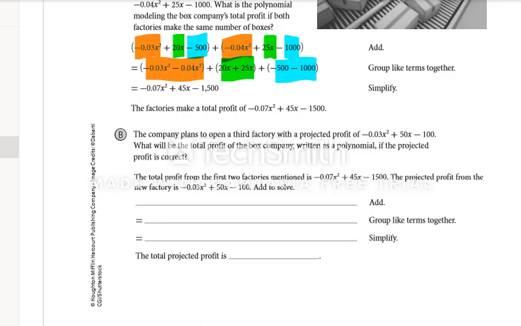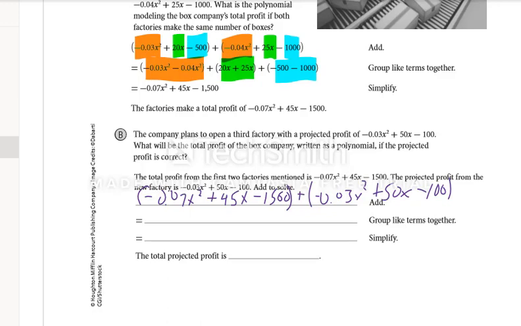So that's going to look like negative 0.07x squared plus 45x minus 1500 plus negative 0.03x squared plus 50x minus 100.